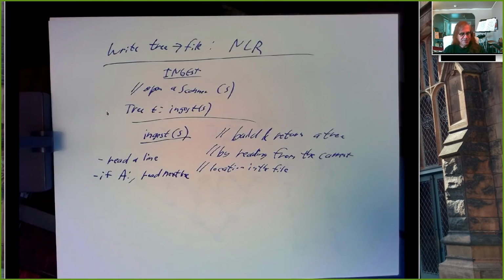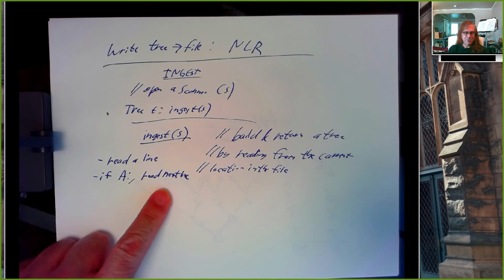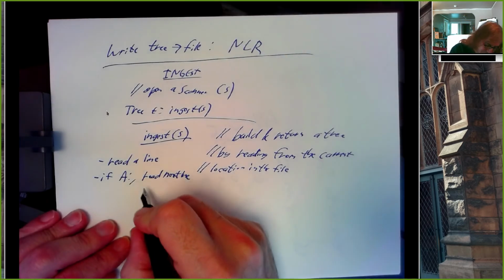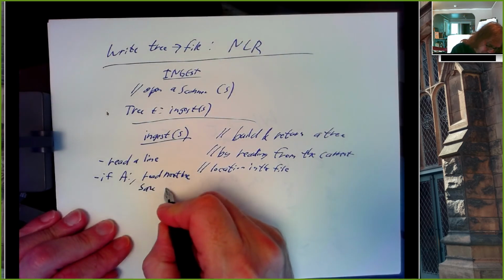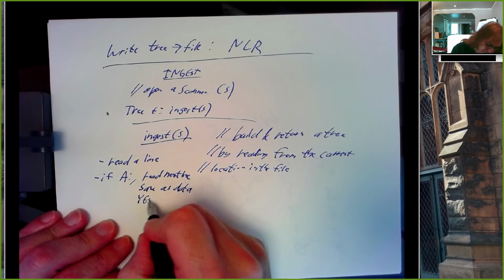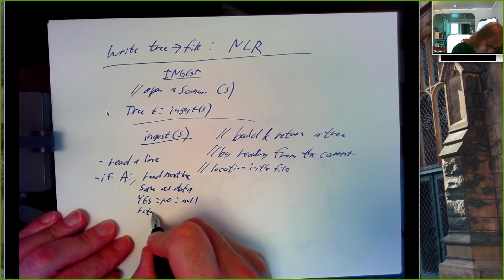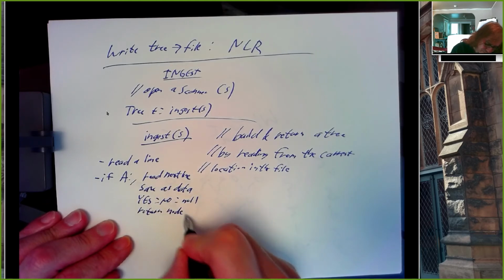So read the first line. If it's an A, then it's followed by an answer. So read the next line, save it as the data of a node, set the yes and the no equal to null, and return this node.